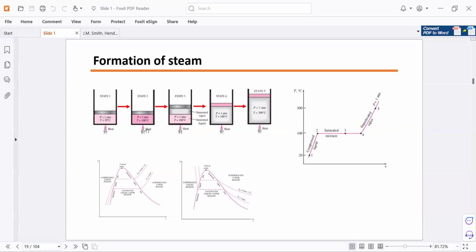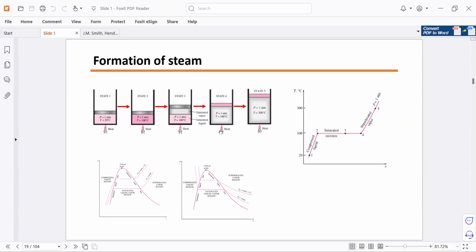Then we apply heat with this candle and allow it to reach 100 degrees Celsius. But it does not yet have saturated vapor. So this is saturated liquid. That's one. Once the vapor appears, that's a saturated mixture right here, so there's already vapor and saturated liquid.